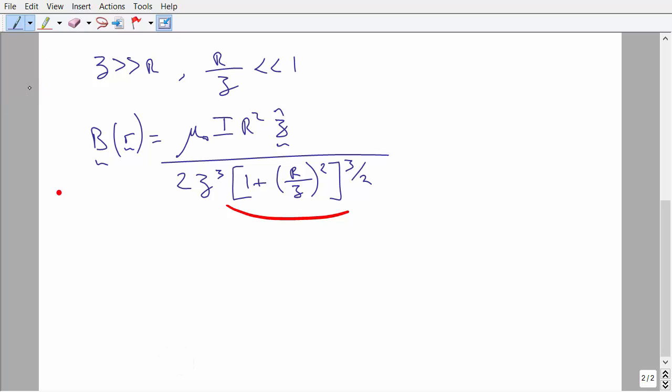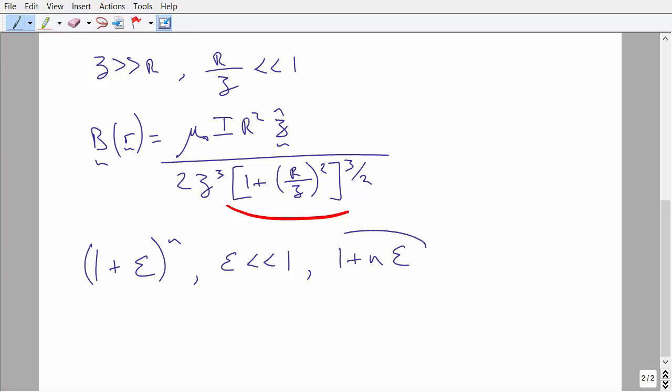If I have an expression 1 plus a small quantity epsilon raised to the power n, where epsilon is much, much less than 1, and where n is integer, non-integer, positive or negative, the first order term in the expansion is 1 plus n epsilon.